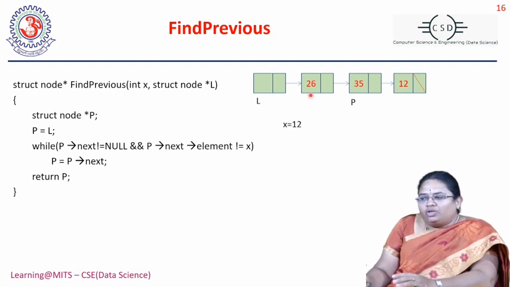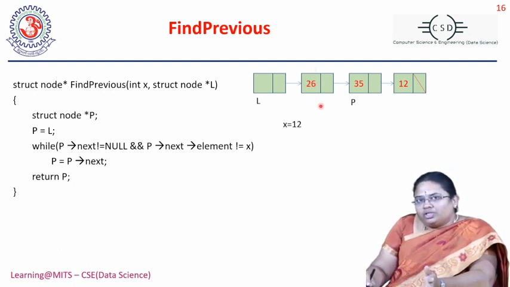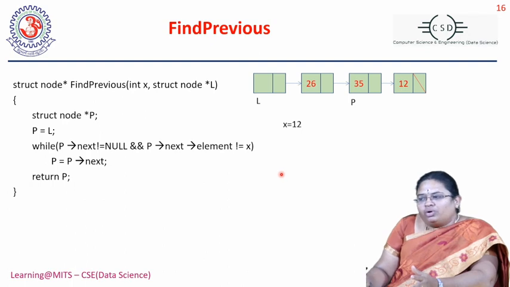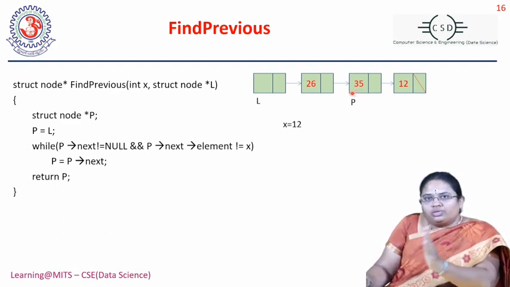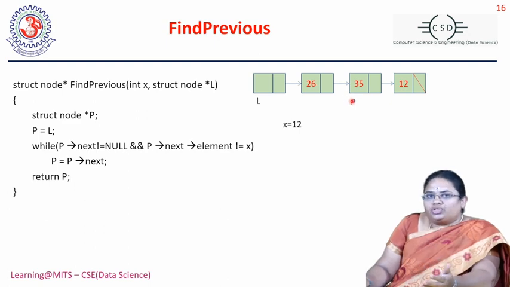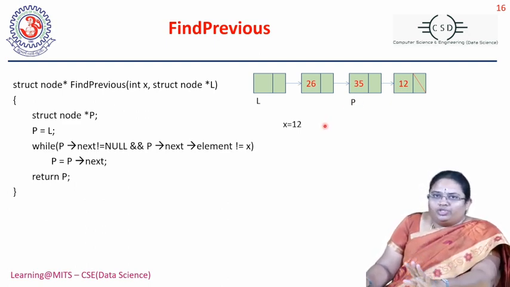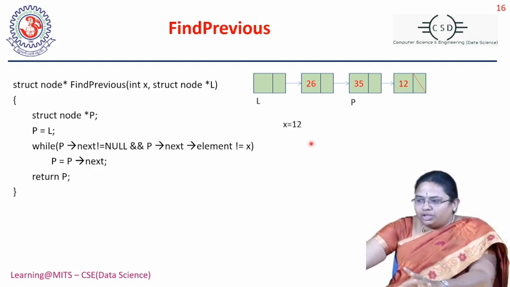But in find previous we are at the previous node, and from the previous node we access the value of the next node and check whether it is equal to x. If it is equal, we stop with that and return the position, okay, the previous position is returned.